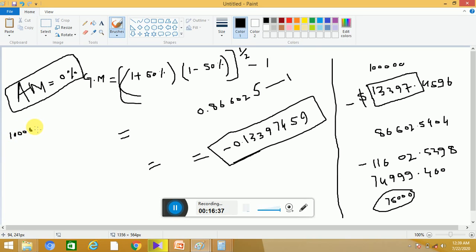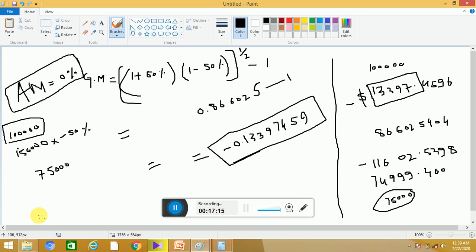On 1 lakh, first year there is a 50% profit, so our amount becomes 150,000. Then second year there is a loss of 50%, and when we calculate minus 50%, it becomes 75,000.